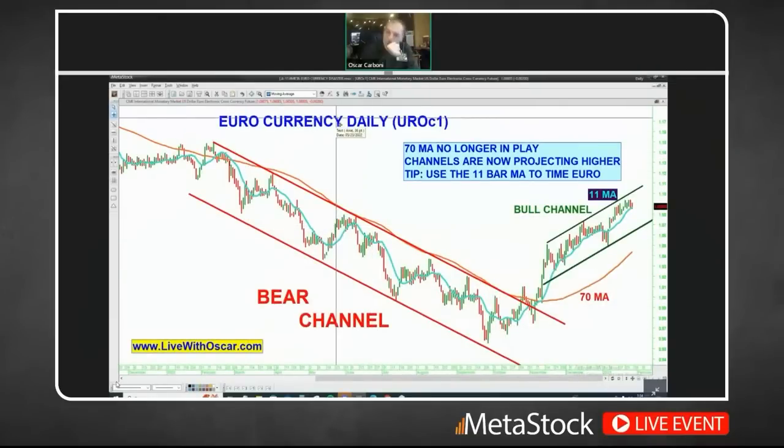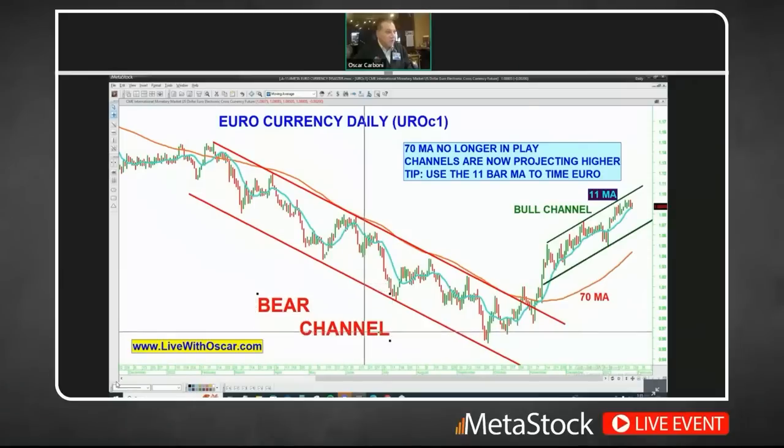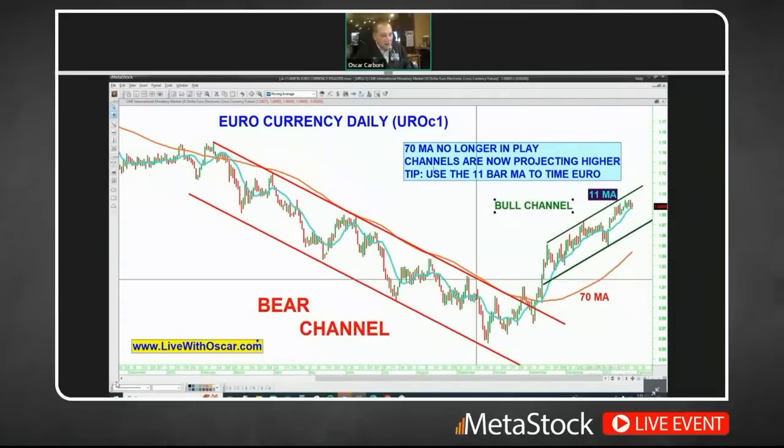So, same chart, but now we're moving to today. What's happening right now? Yes, we were in that nasty, nasty 70 moving average. It's still sitting right here. That was horrible. We have broken above that. It was a bear channel. We are now in a bull channel. We have broken above this ugly red channel.